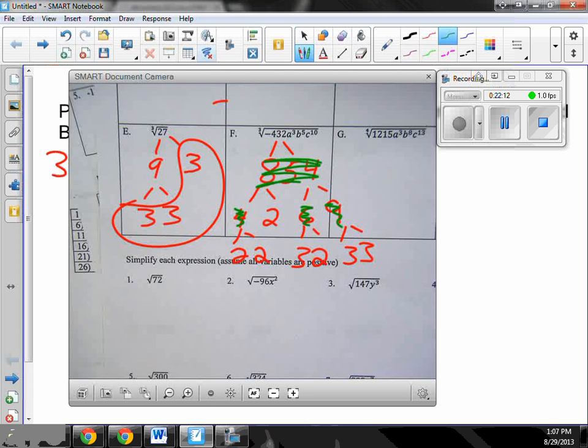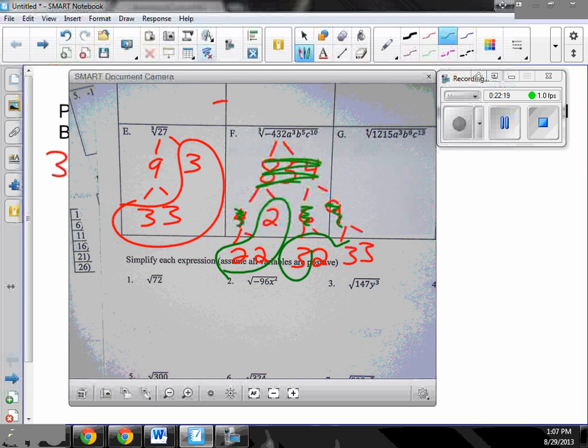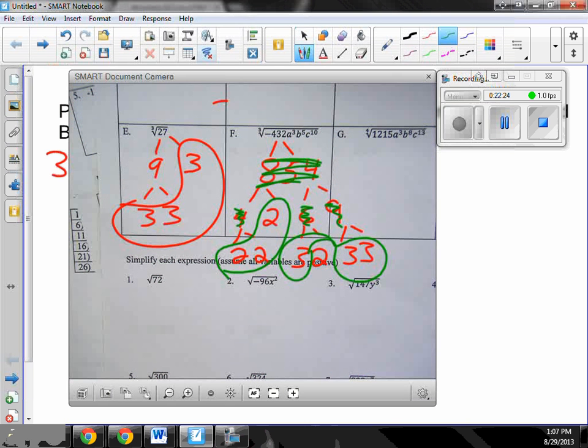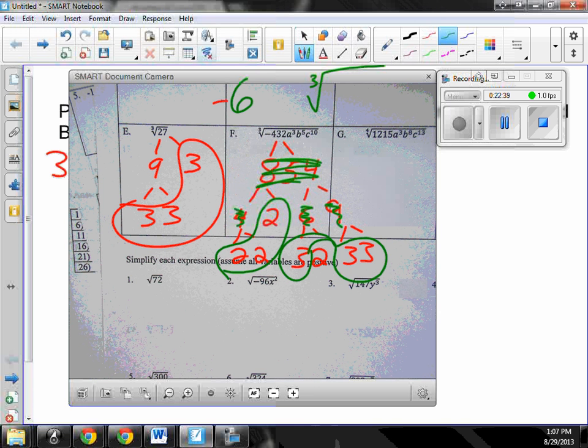Do I have any groups of 3? I have a set of 2's, and I have a set of 3's. So what can I bring out? Close. Negative 6. So negative 6. What number gets left? 2. There's a 2 right here that wasn't used.